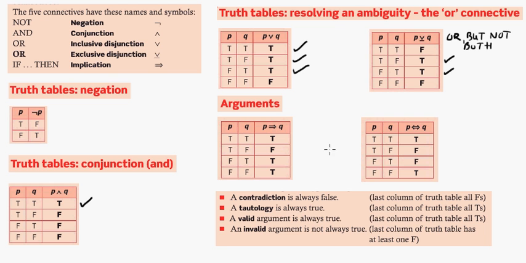Now, in terms of arguments, you have 2 if-then arguments. Okay, so if-then arguments, kids can get a little confused on this. So what I'm going to do here is give you just a little example of how this works. So if we look down here, I'm just going to do 2 propositions.